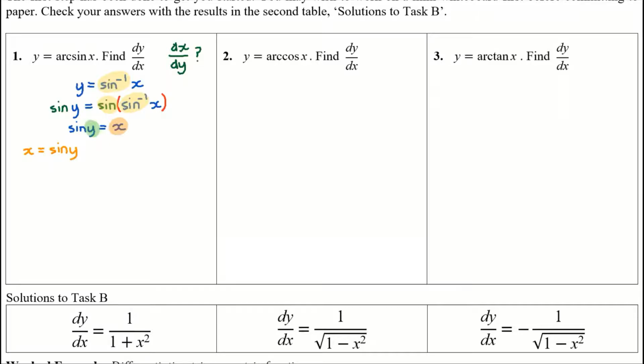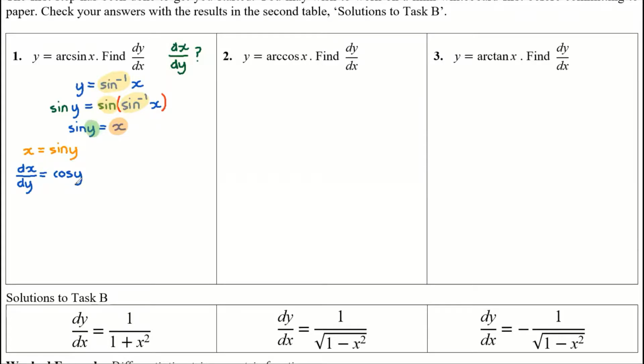And we can do that in one easy step. So dx by dy, where y is now the independent variable, is just going to be cos of y. Okay, so that's dx by dy.